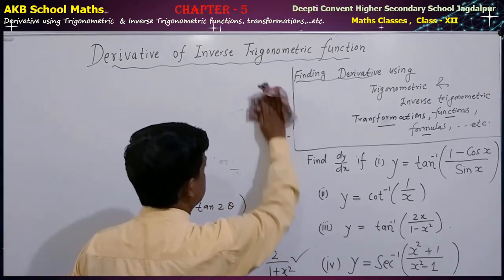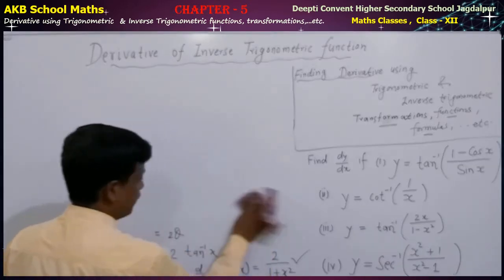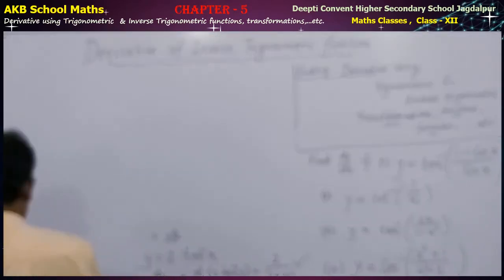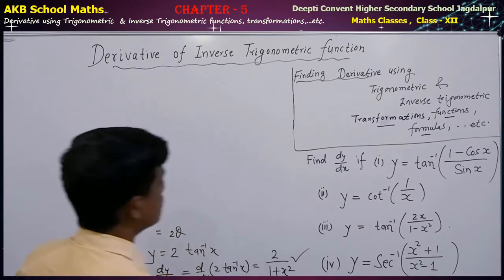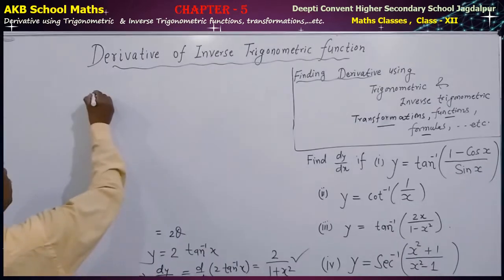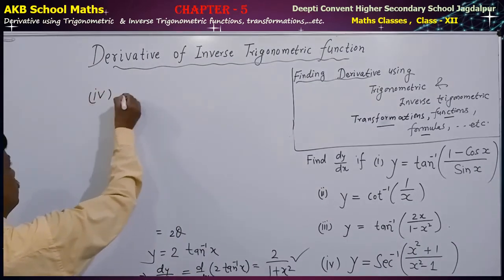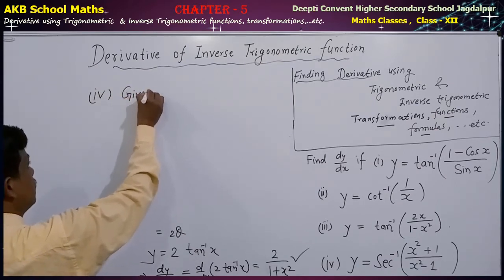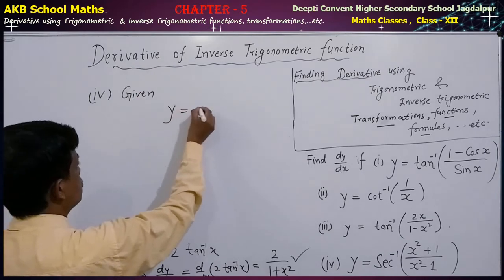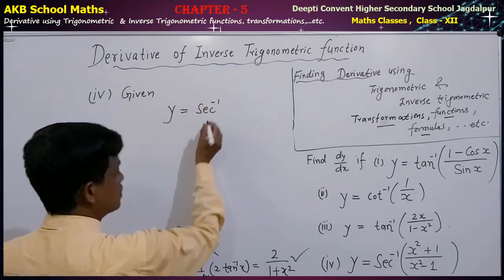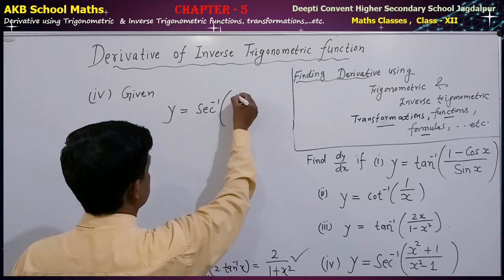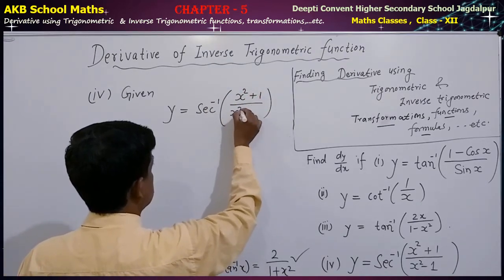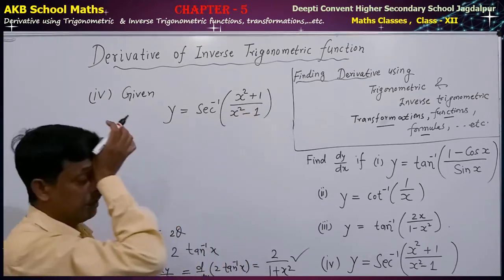What is given? Question 4: y equals sec inverse of x square plus 1 upon x square minus 1.